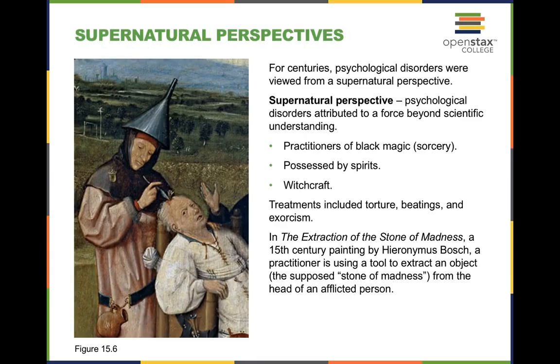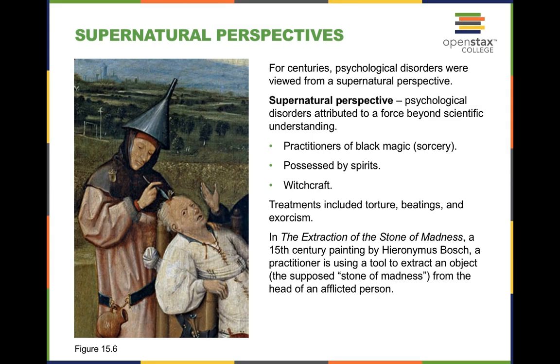Okay. As mentioned in previous chapters, when it comes to the historical perspective surrounding mental health, the predominant theory was that it was due to supernatural causes. Some of these perspectives include demonic possession, black magic or sorcery, witchcraft, things like that.